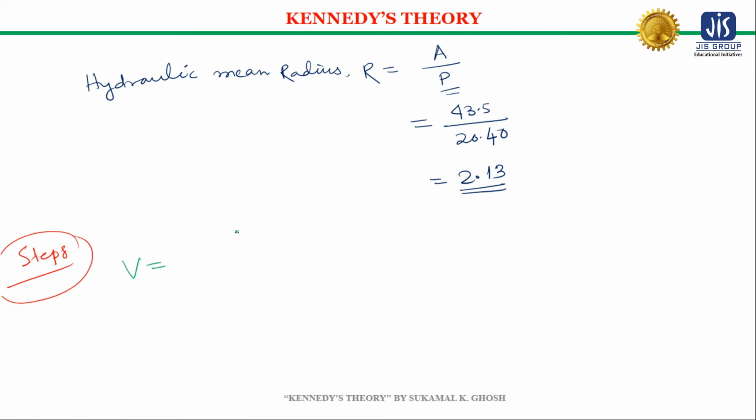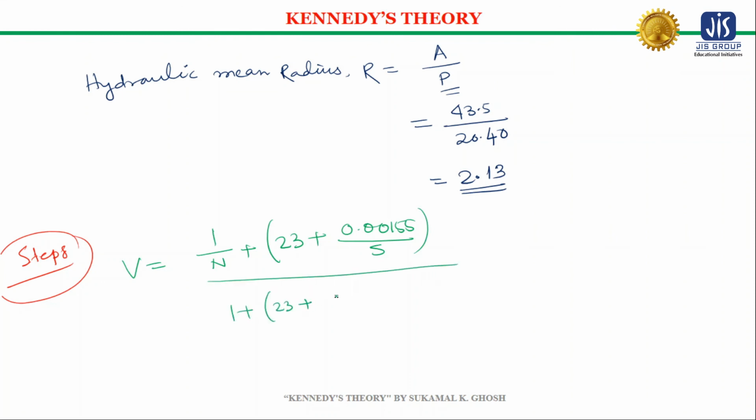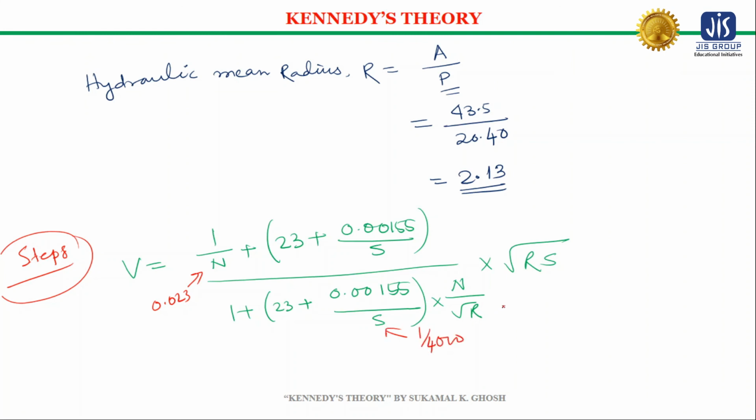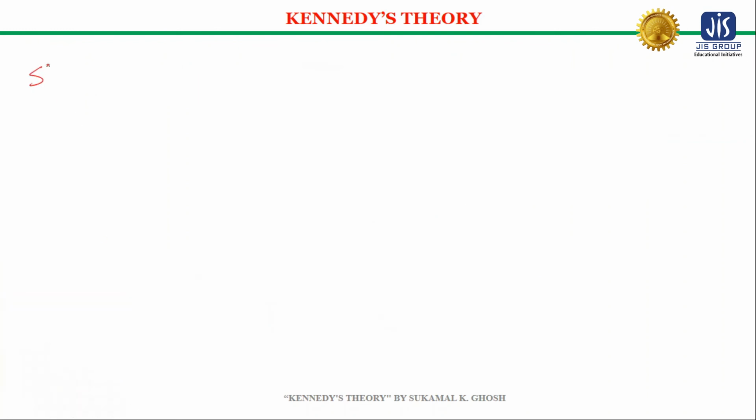So V is equal to (1 by n plus 23 plus 0.00155 divided by S) divided by (1 plus (23 plus 0.00155 divided by S) into n divided by root over R), into root over R into S. If you put the values, n is equal to 0.023, S is equal to 1 by 4000 and R is equal to 2.13, you will have V equal to 1.147 meter per second. So we have completed our step 8.